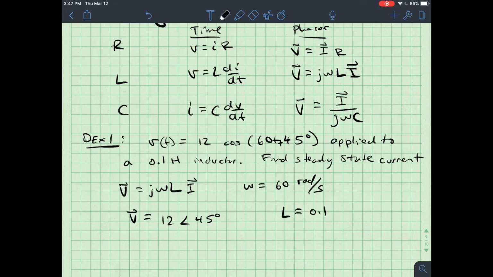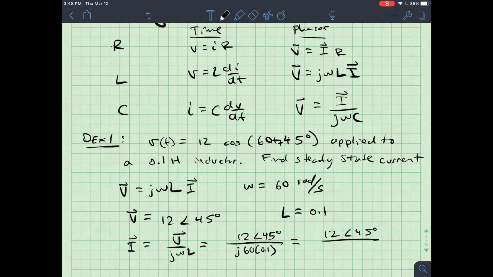So I can be solved for by taking V over jωL, which is 12 angle 45 degrees over j times 60 times 0.1. That's equal to 12 angle 45 degrees over 6 angle 90 degrees, since I've already established in this lecture that j is 90 degrees.